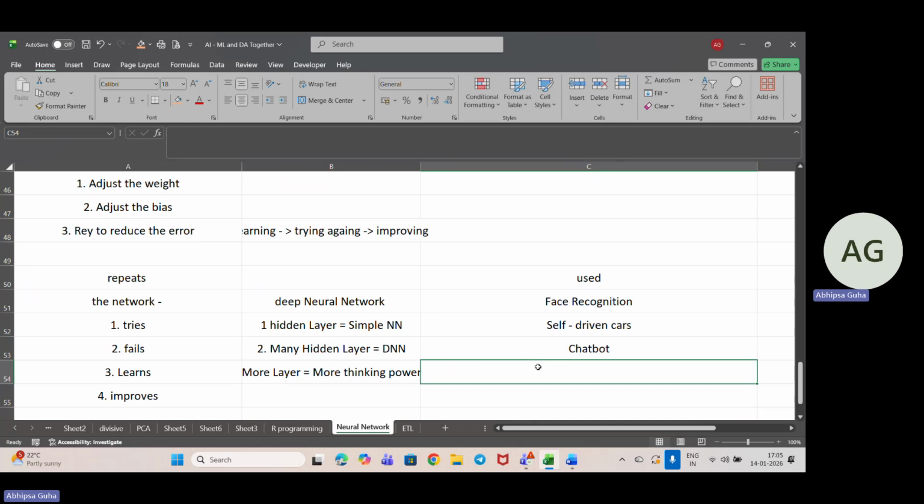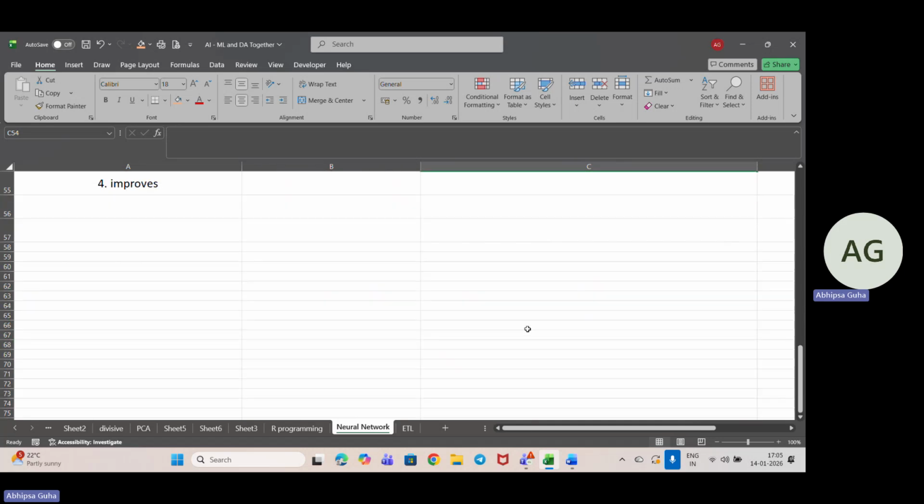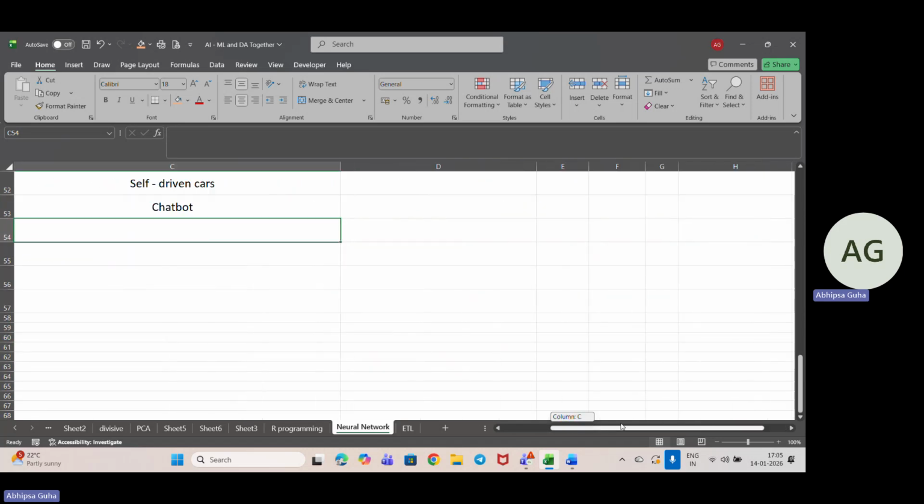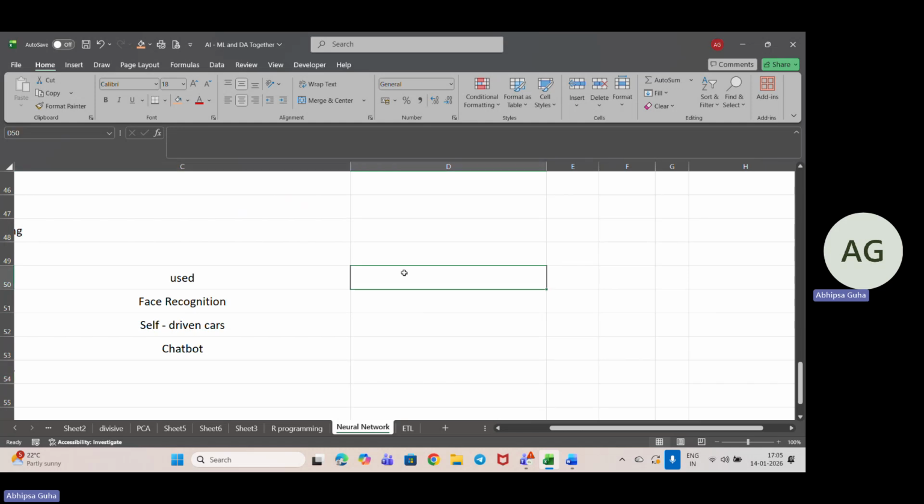So the input layer takes the data, the hidden layer thinks and learns, the output layer gives the answer. Okay, I'm just writing this for you so that it's clear. So the input layer takes the data.